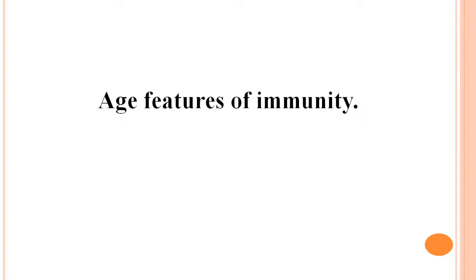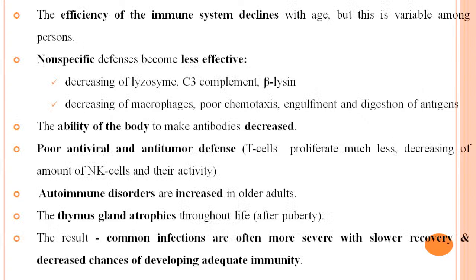Now let's talk about features of immunity in aging. How the immune response changes during age, during life. The efficiency of the immune system declines with age, but this is variable among persons. Sure, the level of the immune system is distinguished in every person.